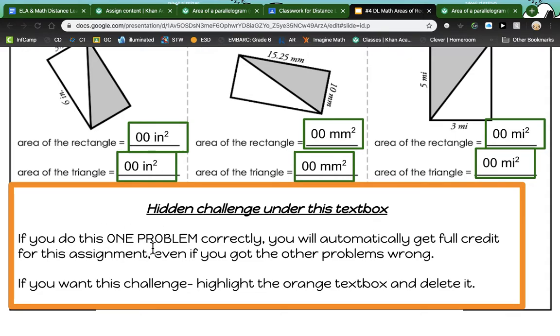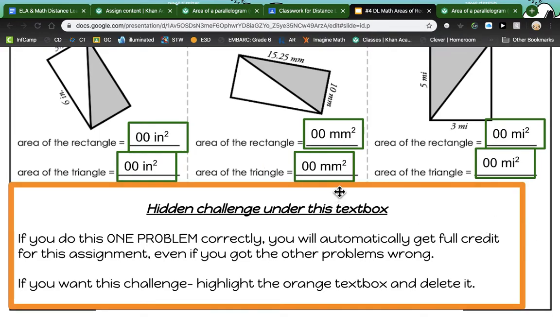If you do this one problem under this orange text box correctly, you'll automatically get full credit for this assignment, even if you got the other problems wrong. So if you want this challenge, highlight the orange text box and delete it. When you delete it, don't put it back. Well, I'm just kidding. Go ahead and put it back if you want.